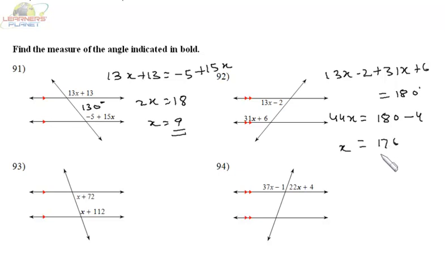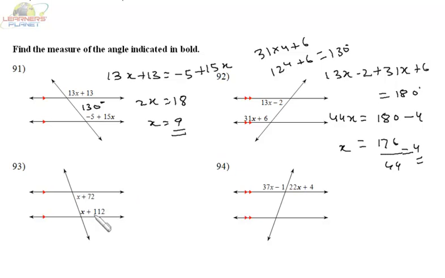So x is equal to 176 by 44, or we can say 4. So x is equal to 4. Now we have to find out the value of this angle. So that will be 31 into 4 plus 6. So it's 130 degree. Okay, this angle is 130 degree. I hope you are getting my point.